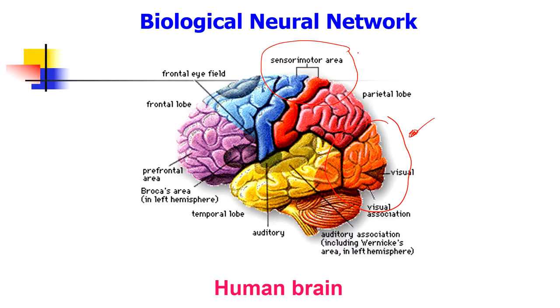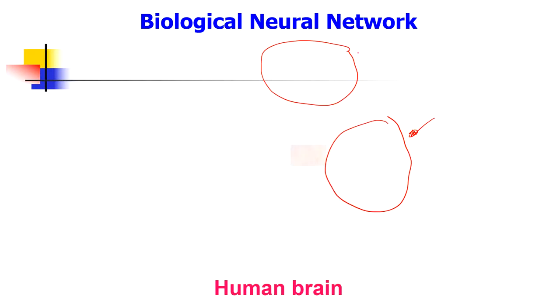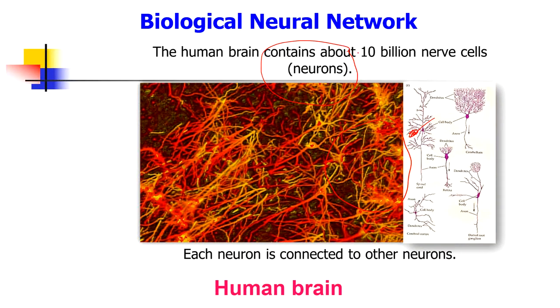Our brain is constituted of many of what we call neurons. Theoretically there are about 10 billion neurons. The neuron is the unit utilized in our brain to perform some sort of reaction or reflex based on the given input.